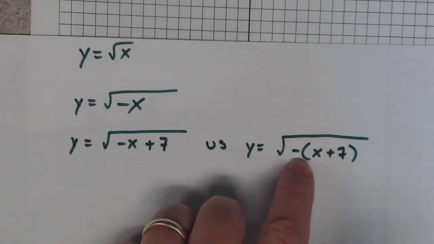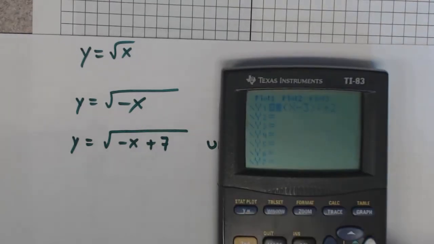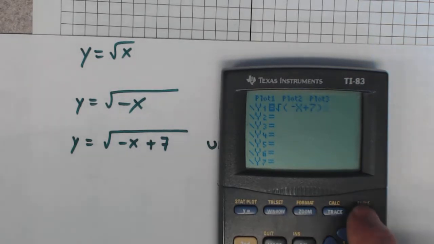See how that's in front of the parentheses? This is inside here. So let's look at that. So what would happen if you put it the y equals button, my square root symbol, negative x, and a plus 7. All right, that's underneath the radical. How does that move it?